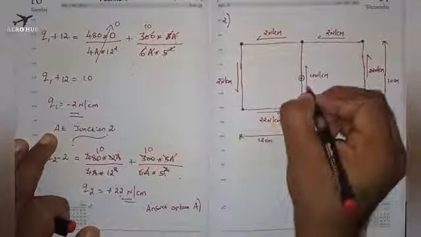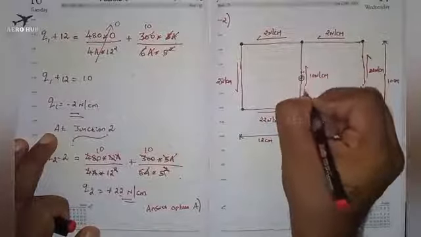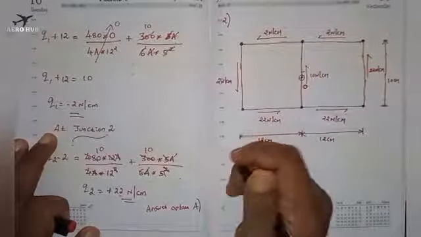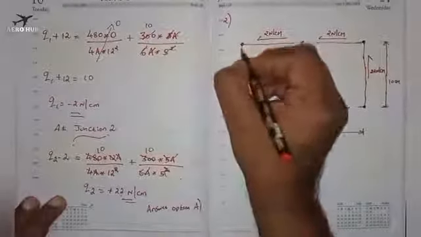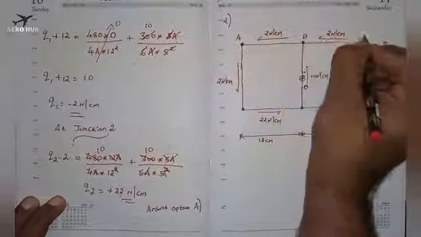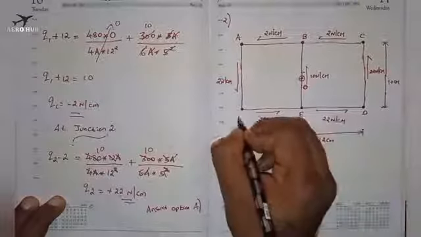So I can mark this point as point O, and this is the point where the moment is introduced. Okay, and I will mark the boom areas as A, B, C, D, E, F.